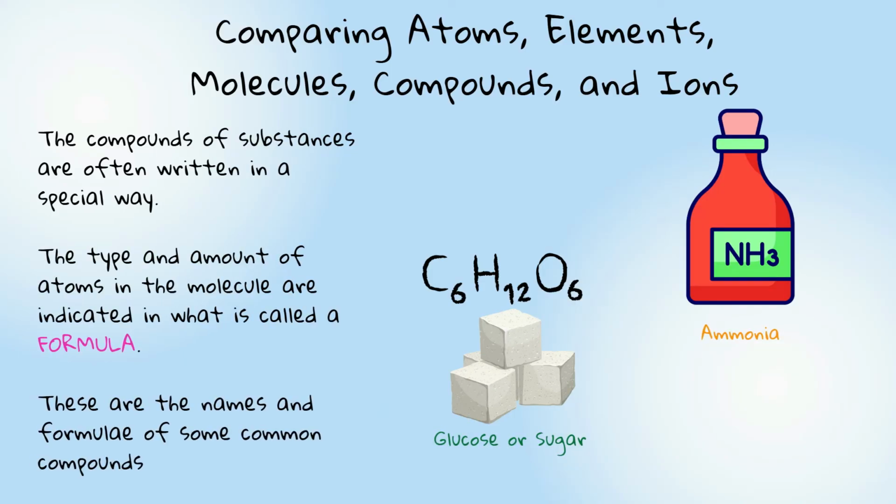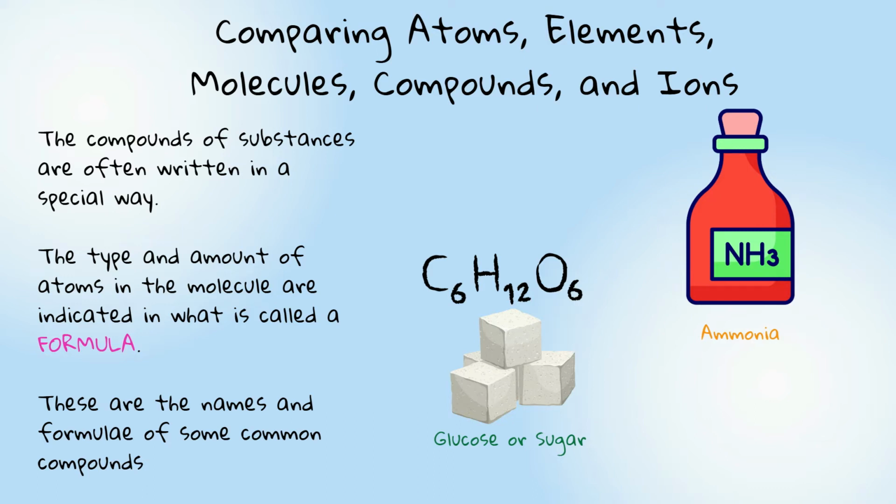The compounds of substances are often written in a special way. The type and amount of atoms in the molecule are indicated in what is called a formula. These are the names and formulae of some common compounds. Glucose has a formula of C6H12O6, while ammonia has a formula of NH3.